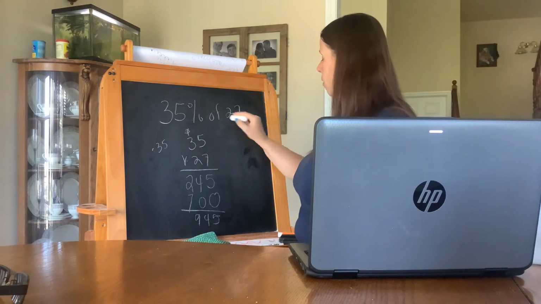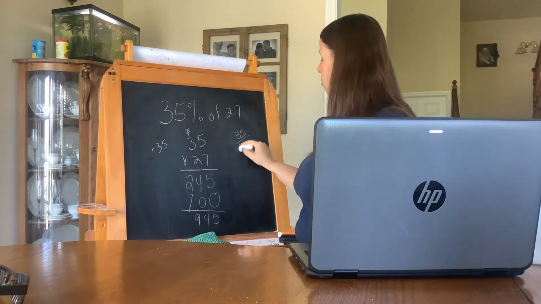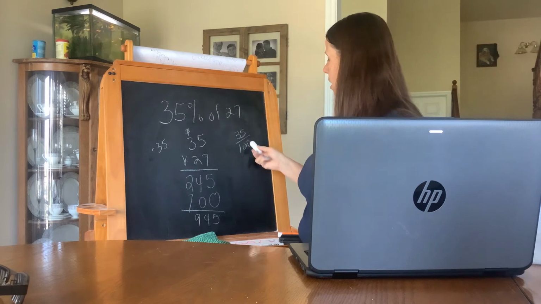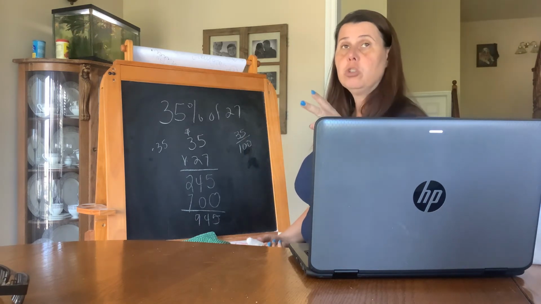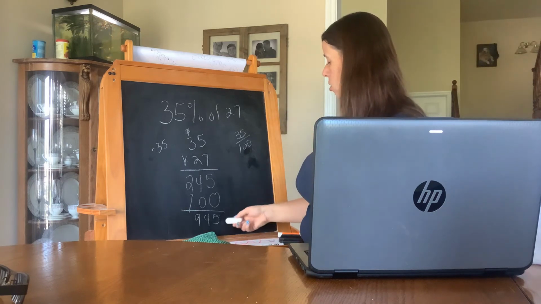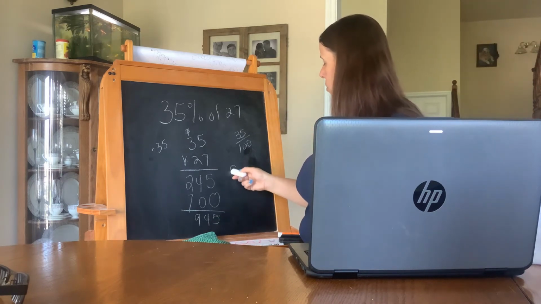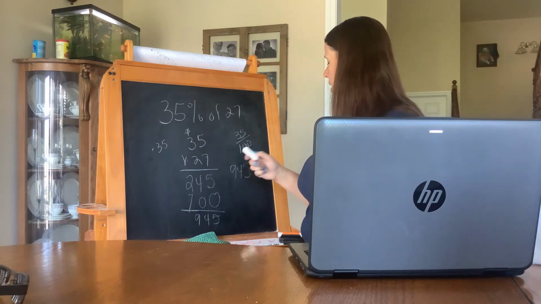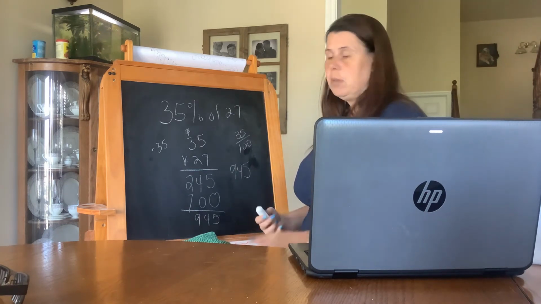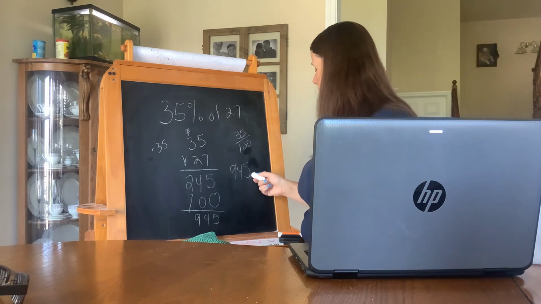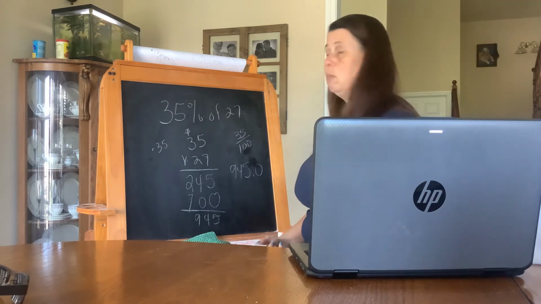So 35% is actually 35 100ths, right? So 2 zeros means we're shifting the decimal 2 places. So right now, in 945, that was our answer, there is no decimal. But there is, we just don't write it. Because technically 945 is 945 decimal 0.